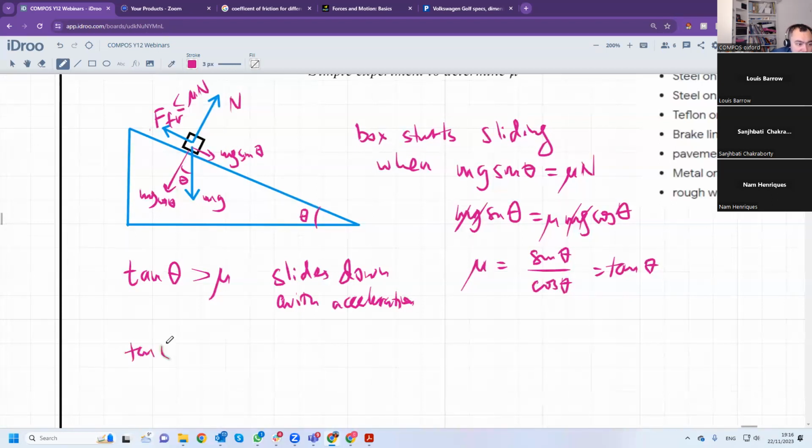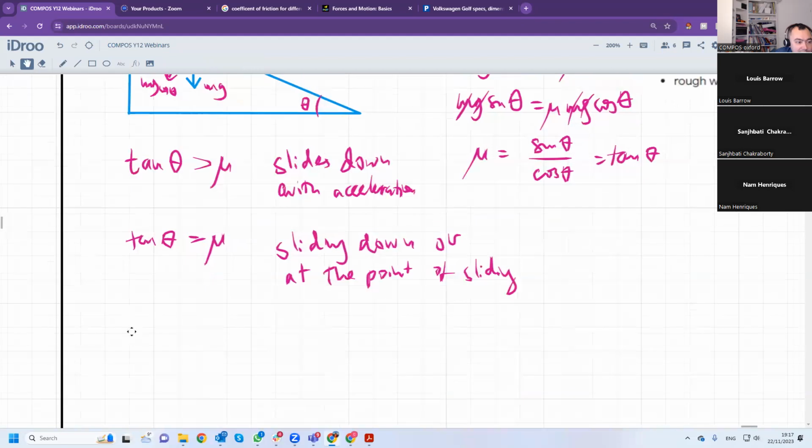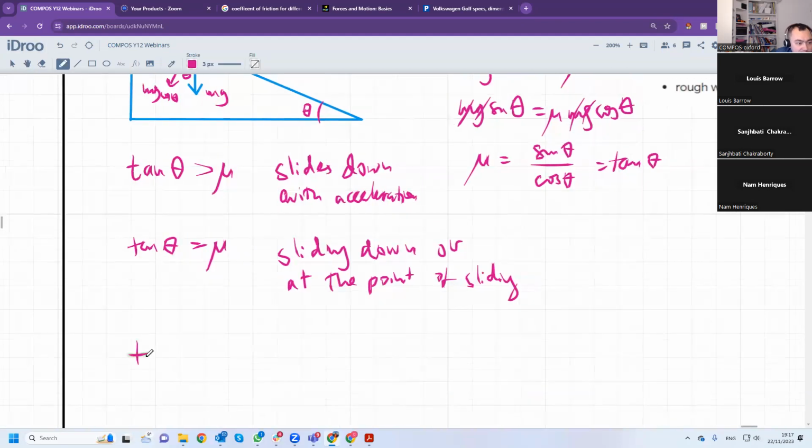Tan theta equal to mu: at the point of sliding, just about to start sliding. And if tan theta is less than mu: does not slide down.